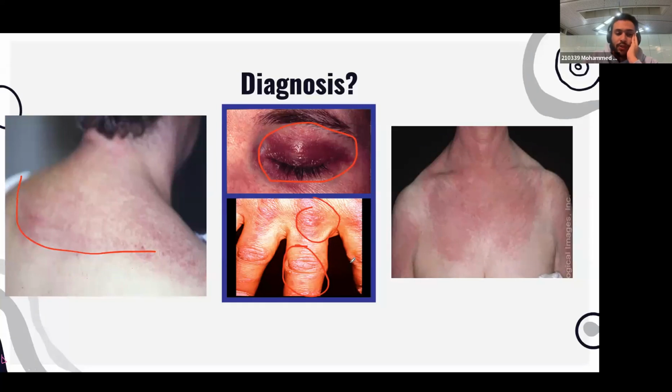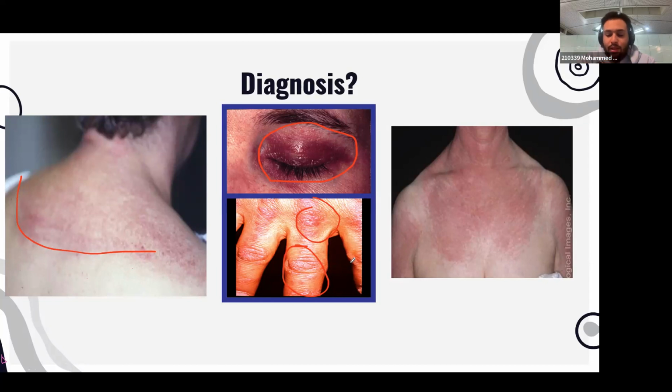And what are these signs? Gottron papules. Perfect. Dermatomyositis. Can someone tell me one antibody that's important in dermatomyositis for diagnosis? Anti-Jo and anti-Mi-2. Okay, Jo-1, Mi-2.